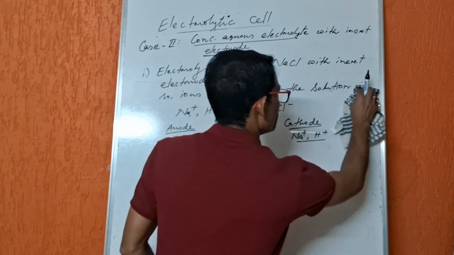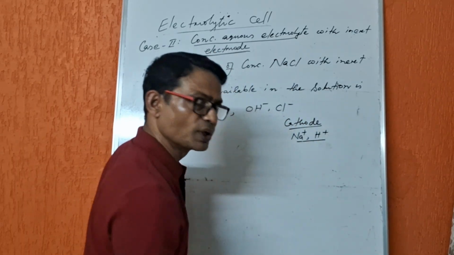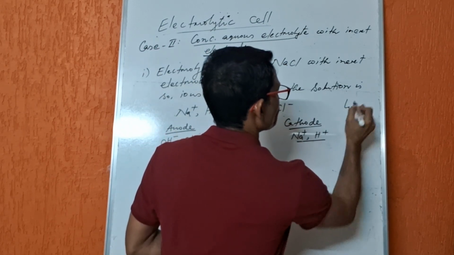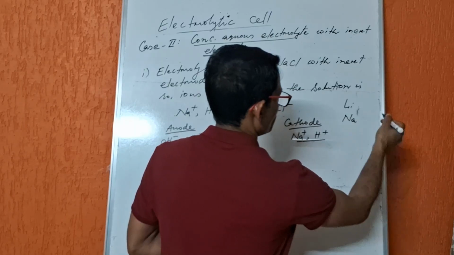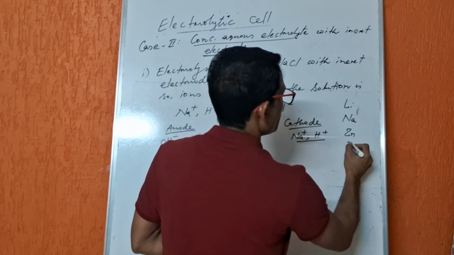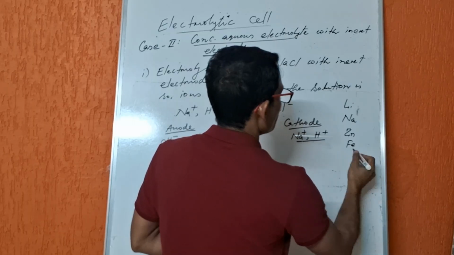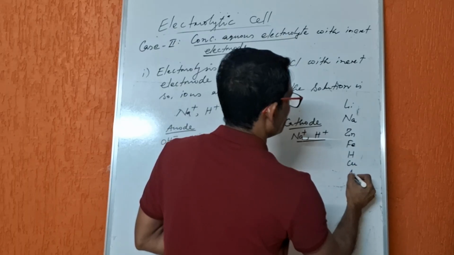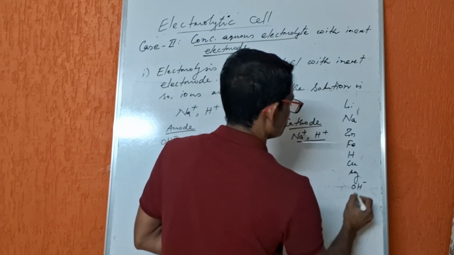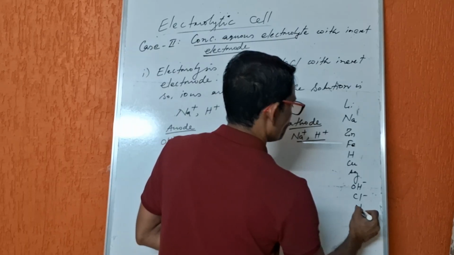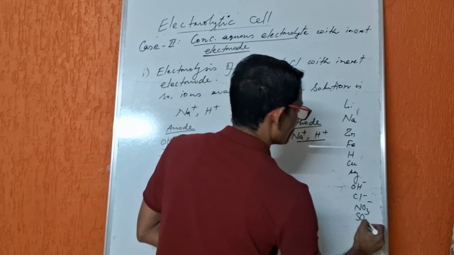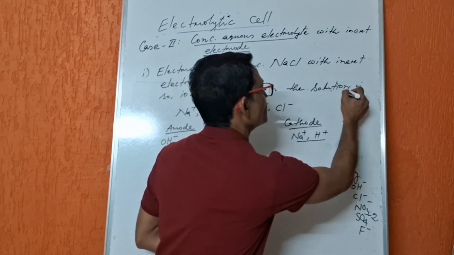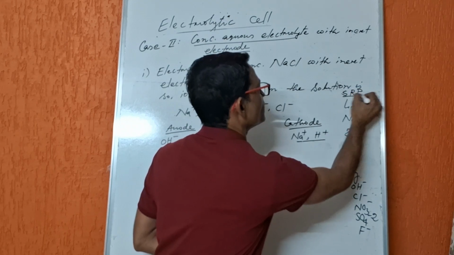From there we get lithium, sodium, then zinc, iron, hydrogen, copper, silver, OH minus, Cl minus, NO3 minus, sulfate and F minus. This is the standard reduction potential series.